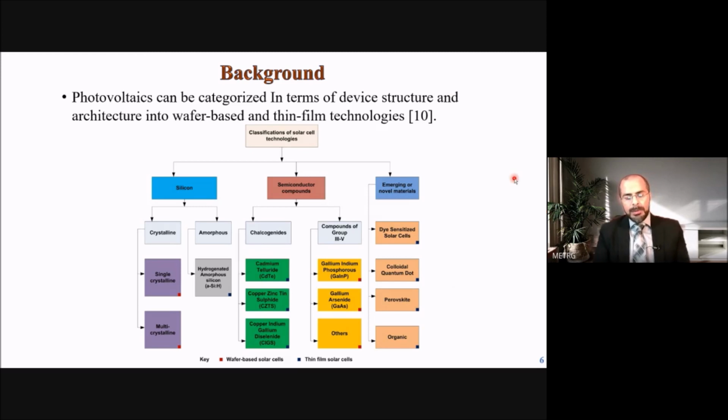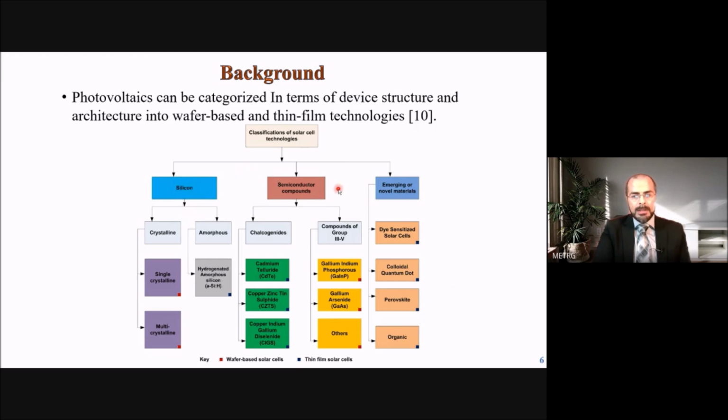To break it down into pieces that you would understand and classify the solar cell technologies, we draw this type of schematic to classify them in three branches. One, you see here, is silicon technology.